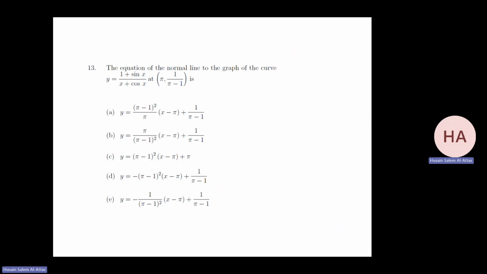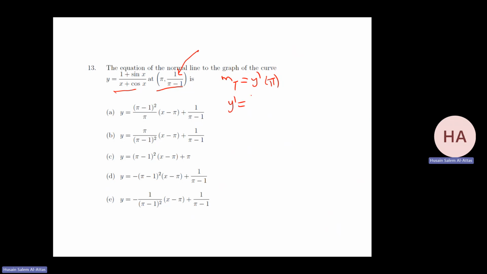Okay, let us do questions from the old exams. Find the equation of the normal line to the graph of this at this point. So first I will find the slope of the tangent, which is y prime at pi. So how to find y prime? This is the quotient rule.